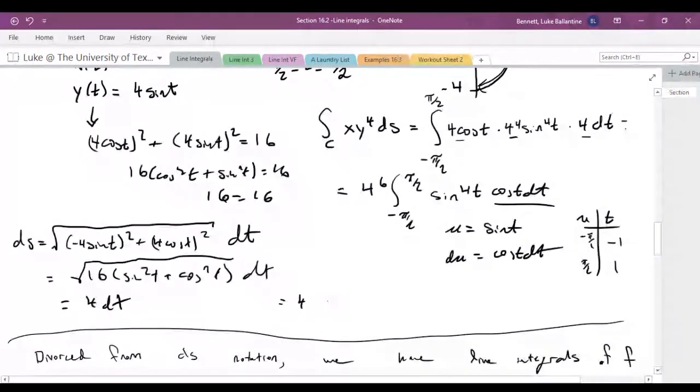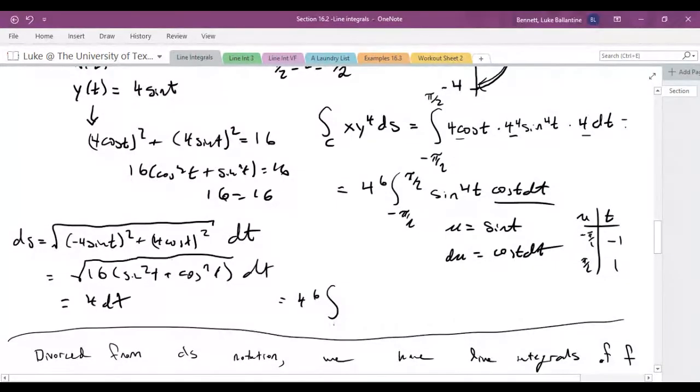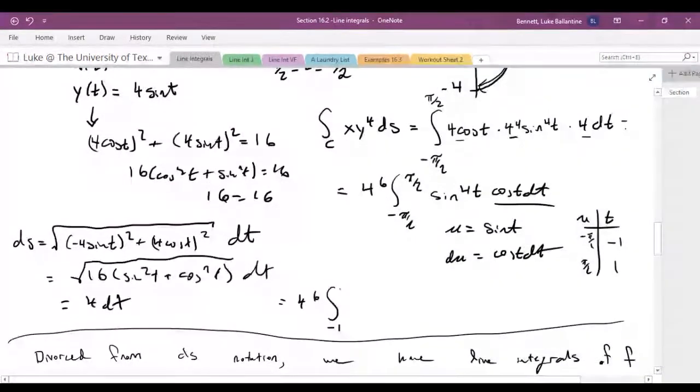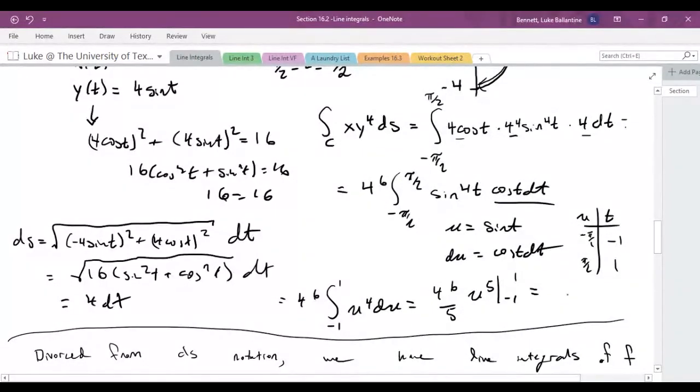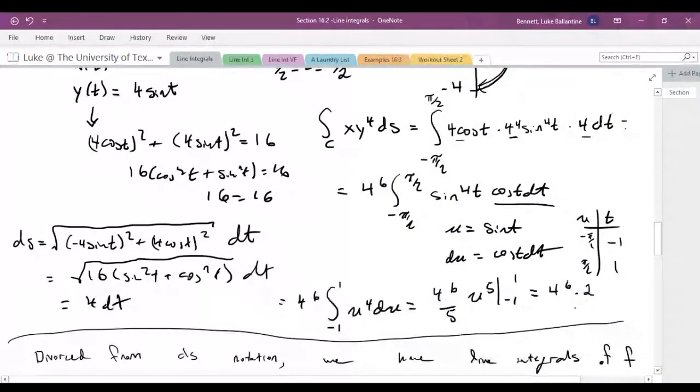So we have 4 to the 6th times the integral from negative 1 to 1 of u to the 4th du. This is 4 to the 6th over 5, u to the 5th, evaluated from negative 1 to 1. So then we get 4 to the 6th times 1 minus negative 1, which is 2, over 5.